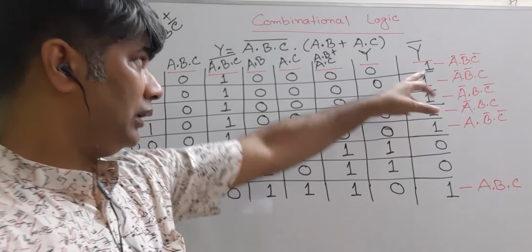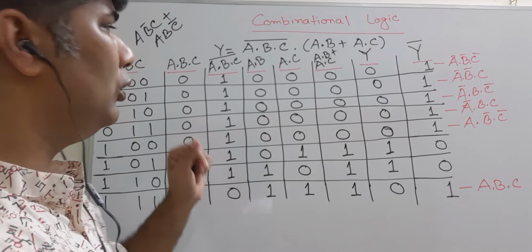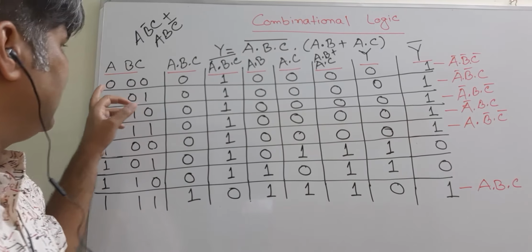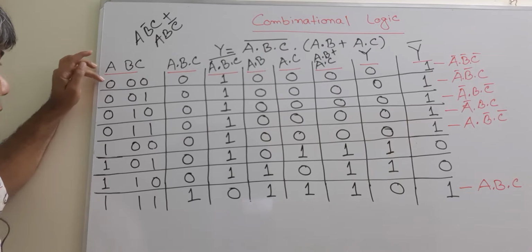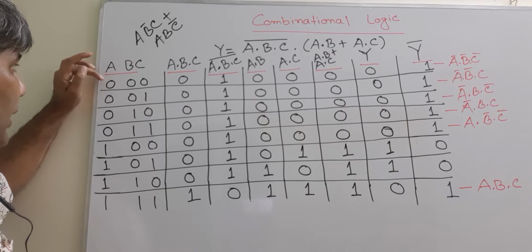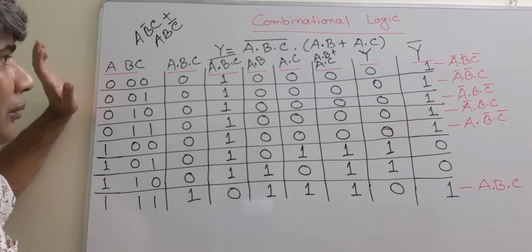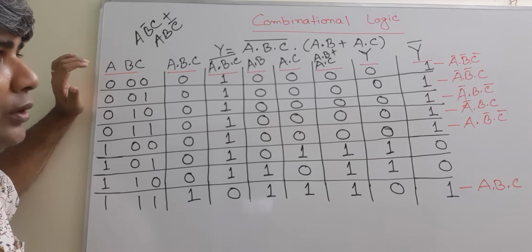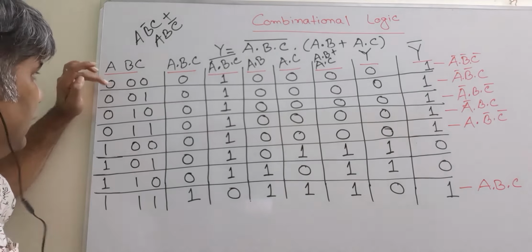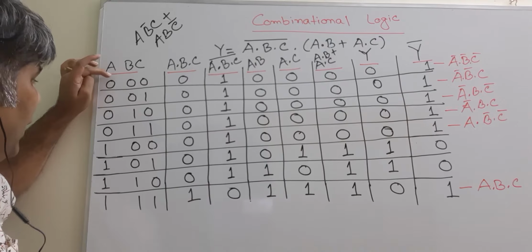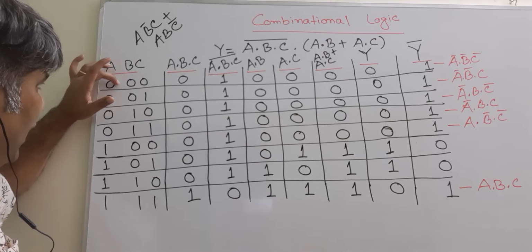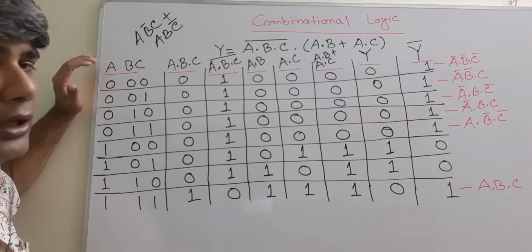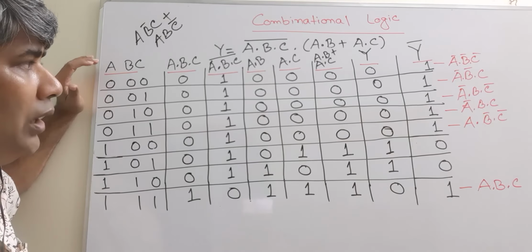For this one, the values of a, b and c are all 0, but still y prime is 1. When is that possible? It is possible when you have a prime dot b prime dot c prime. If you have that, then you will have 1 in y prime.